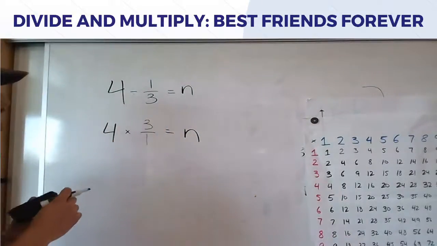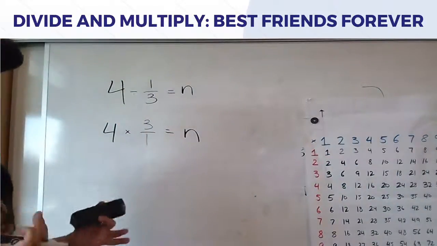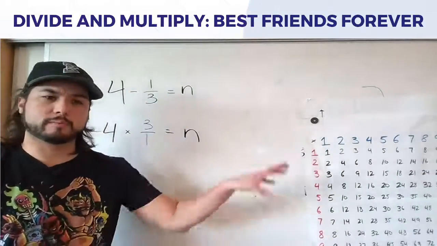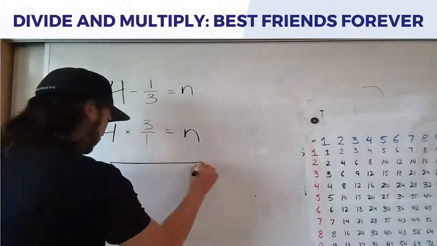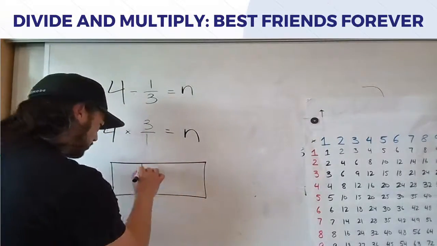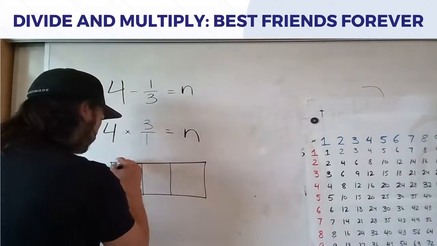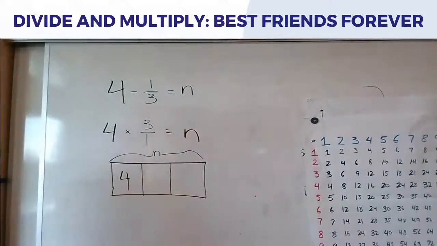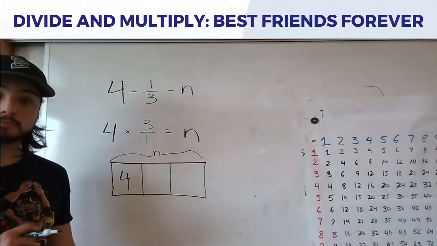If we're thinking about 4 divided by 1/3, we're considering that 4 is 1/3 of a group. We've taken 4 and put it into 1/3 of a group. I'm going to draw some thirds here. Our group in this case is n, and we want to know what the whole group equals.